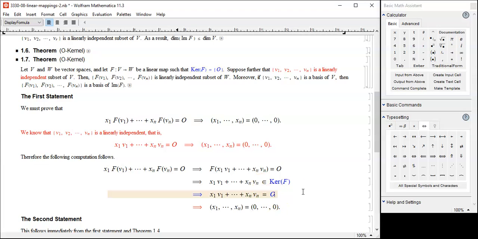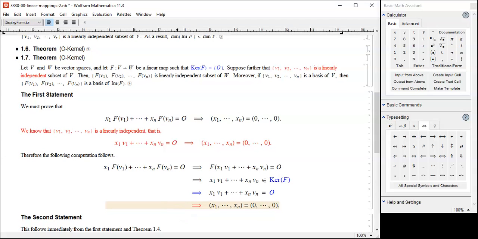So if it belongs to the kernel, then that means it's a 0 vector. And then if it is the 0 vector, we are in the situation where we can use this red statement and conclude that all the coefficients must be equal to 0. And that's what we wanted to prove all along, wasn't it? So that completes the proof.